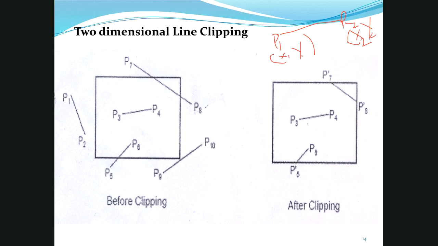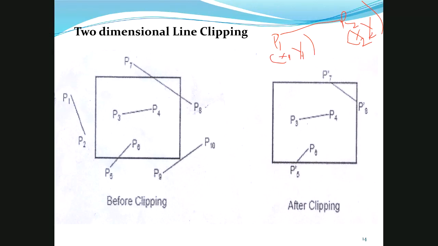If you want to perform the two-dimensional line clipping algorithm, you have to make the 2 points. The first one is x1 y1 and the second one is x2 y2. Using these two points you can perform the line clipping algorithm.